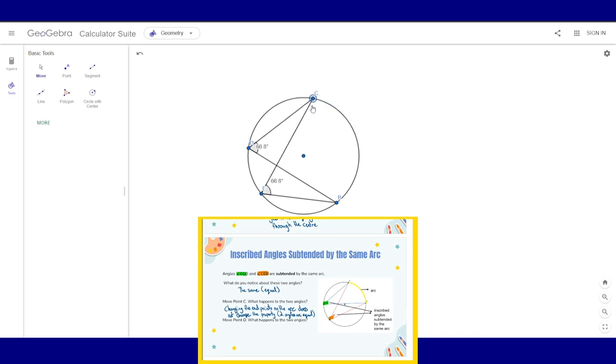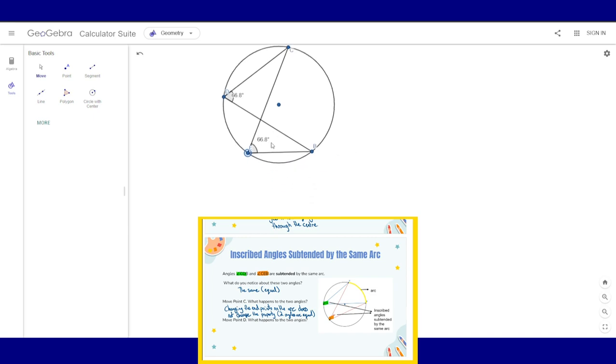However, moving either of the points, the vertices that form the angle, doesn't change the actual measure. So the measure stays the same for these angles.